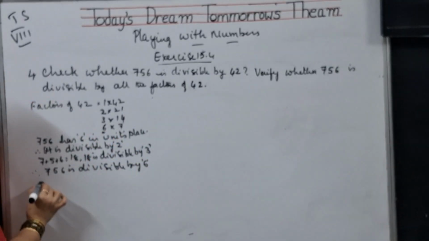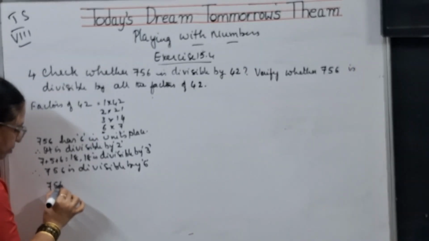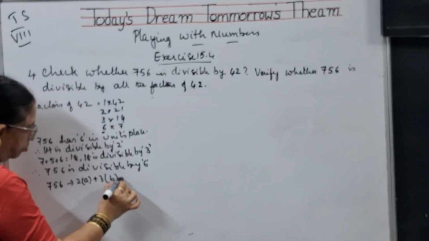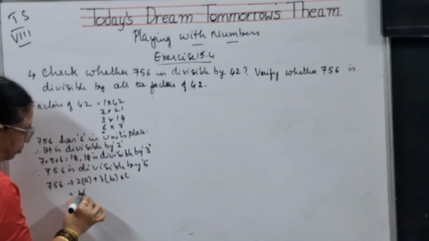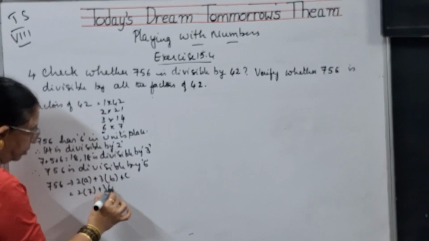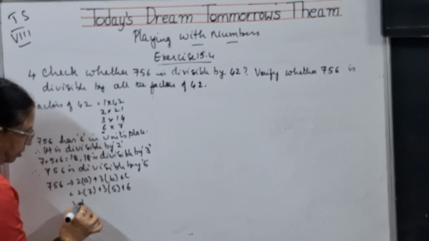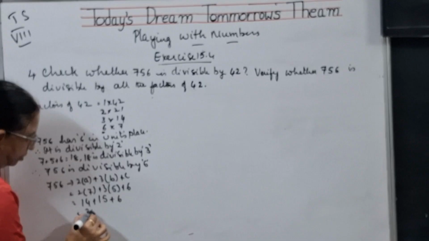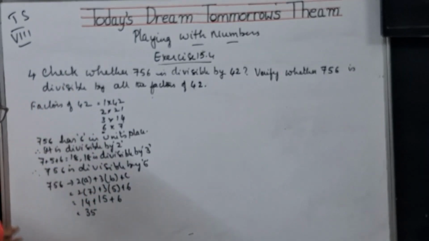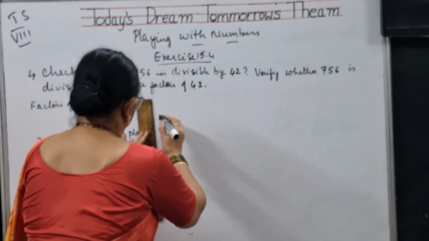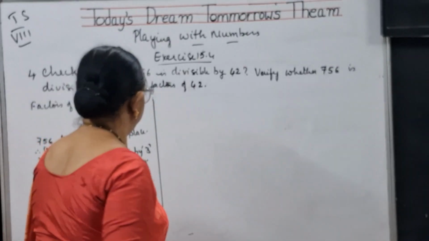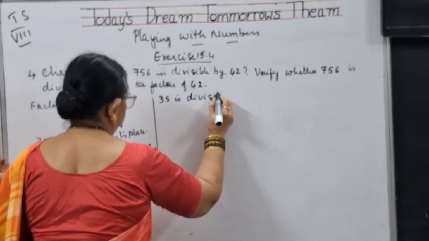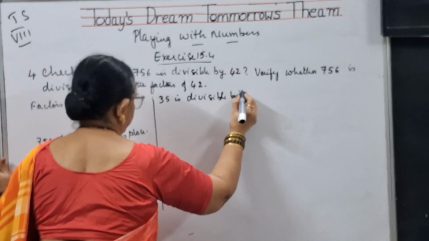Now 7. 756 means in this 2a plus 3b plus c is equal to 2 into 7 plus 3 into 5 plus 6. 14 plus 15 plus 6 is 35. So 35 is divisible by 7.